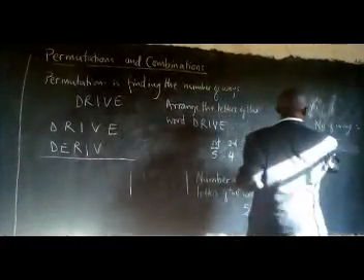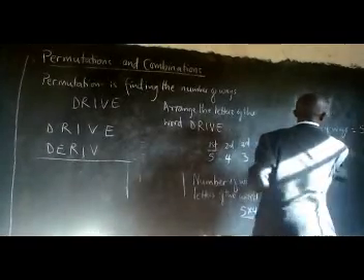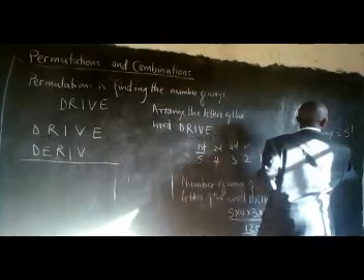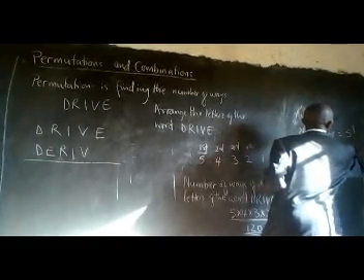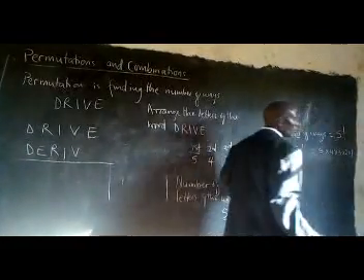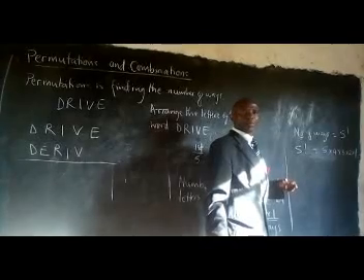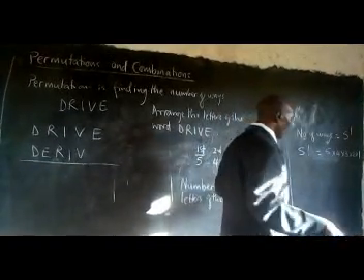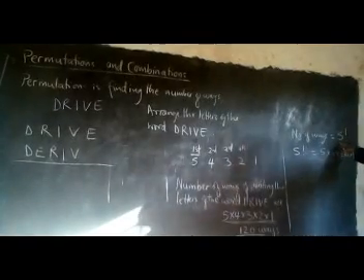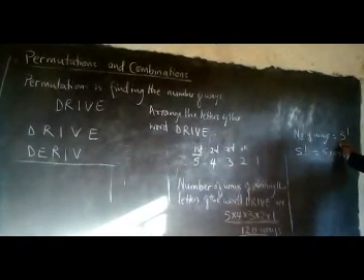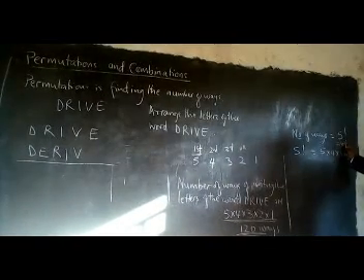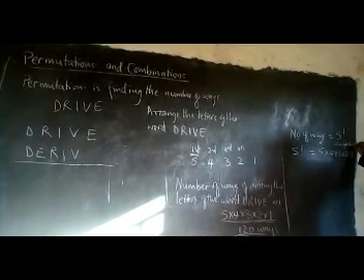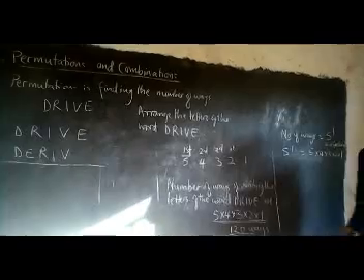So the word 5 factorial is simply a short way of telling you 5 times 4 times 3 times 2 times 1. You read it as 5 factorial.